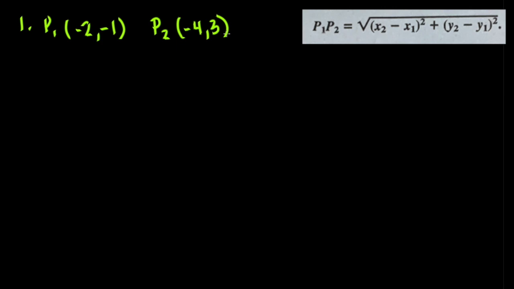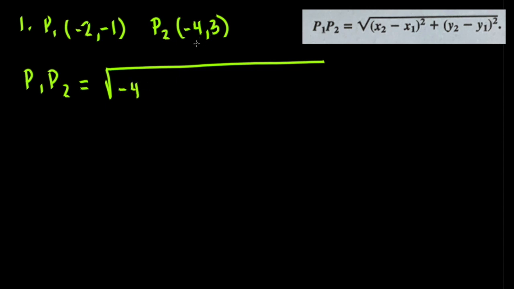We are told to find the distance between these 2 points. Let's go ahead and substitute these numbers into our formula. So we know that P1P2 is going to equal the square root of our second x coordinate, which is -4, which I got from over here, minus our first x coordinate, which is a -2, which I got from over here.